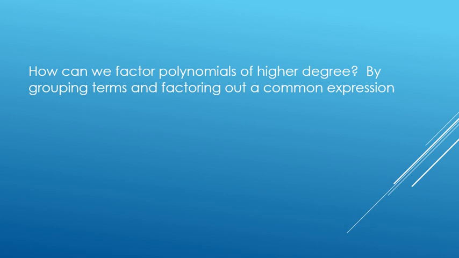But one thing you can do is look for a common expression, group terms, and then factor out that common expression. I'll show you what I'm talking about in a sample problem.